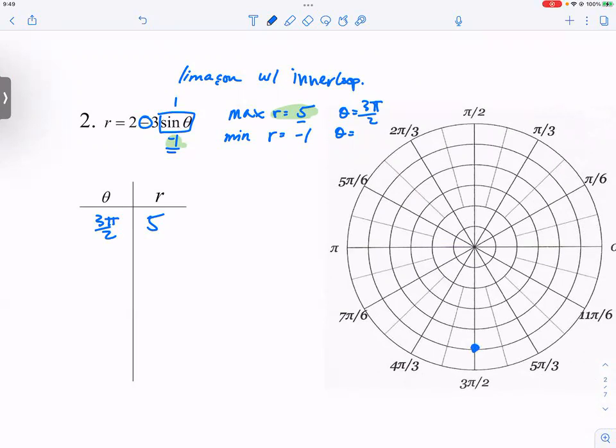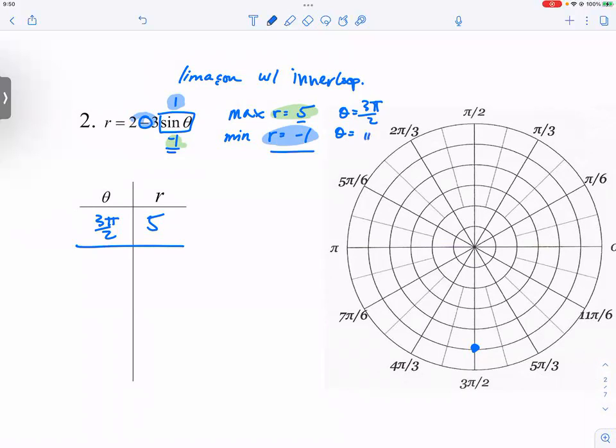Okay. And then we ask, well, how to get a minimum R value of -1? Well, that would happen when sine theta is just 1, so that you can maintain the subtraction. That's how you get to -3. So when will sine theta equal to 1?